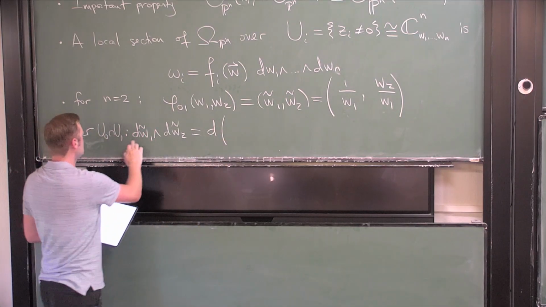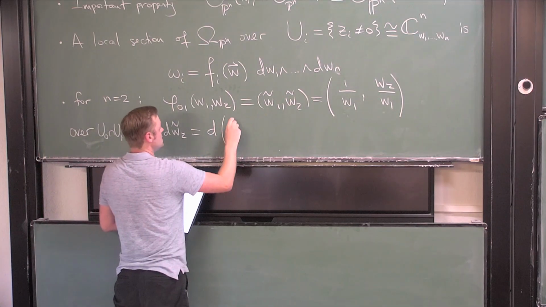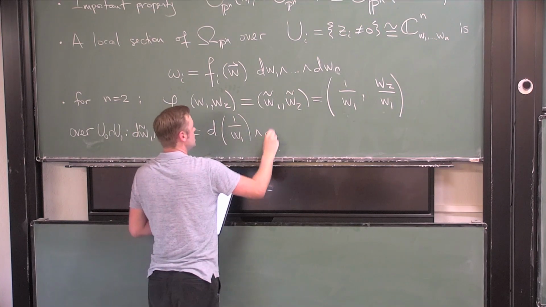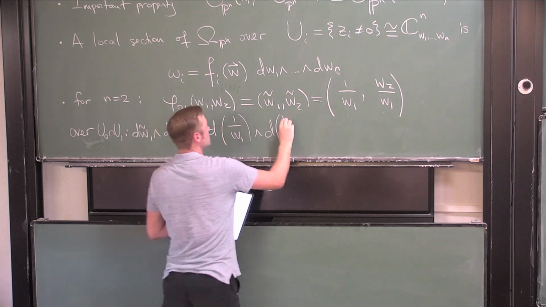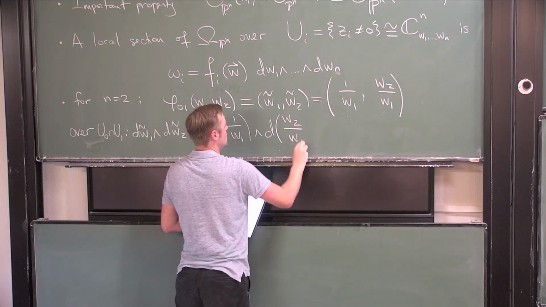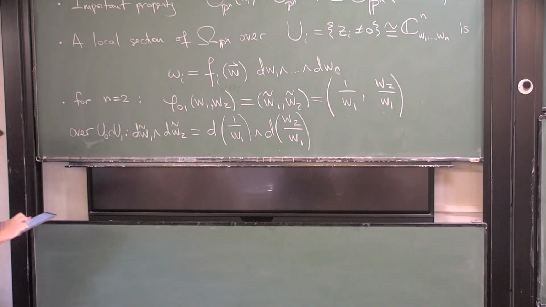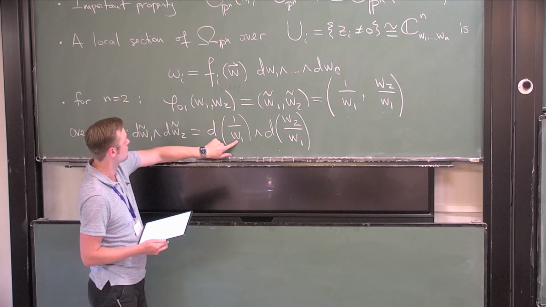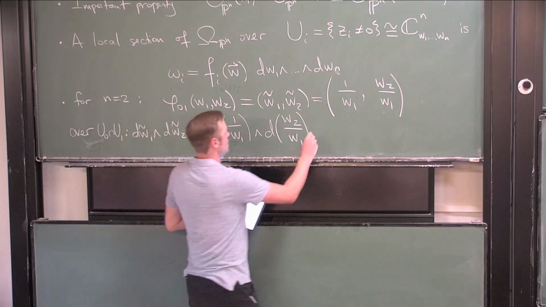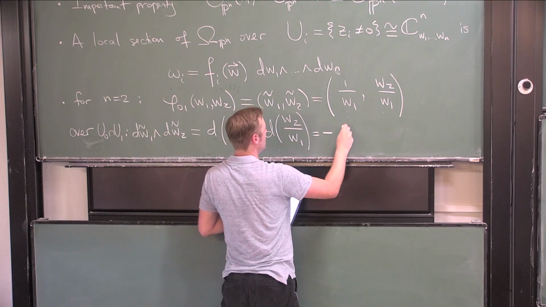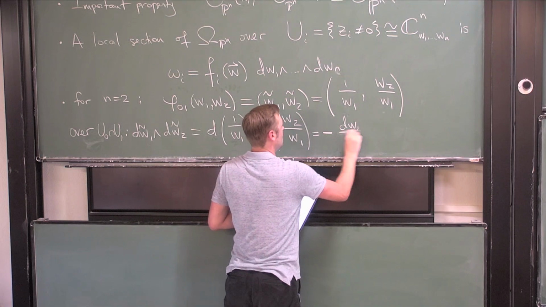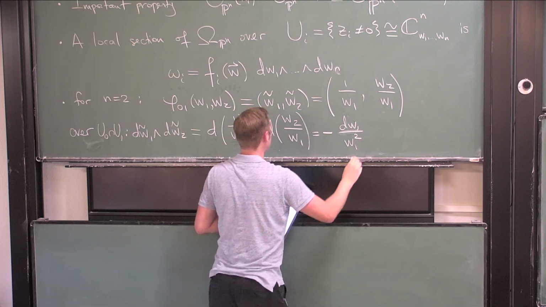So we have d of 1 over w1, wedge d of w2 over w1. If you compute this, here we just get a derivative of 1 over w1, minus dw1 over w1 squared.